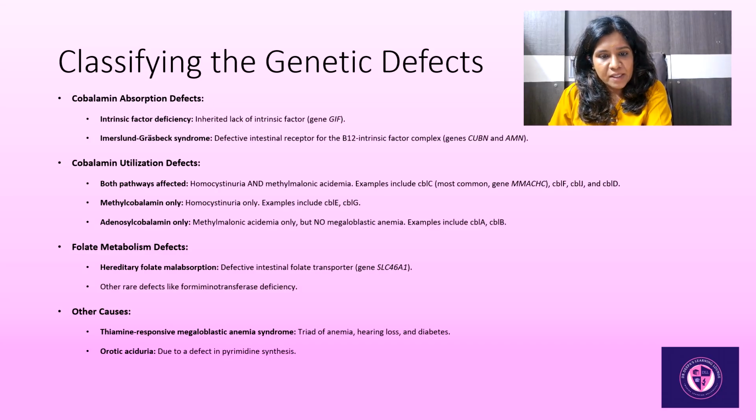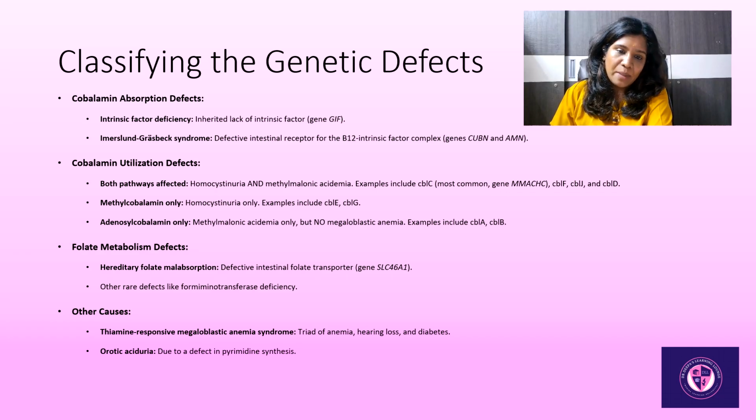These patients present with both homocystinuria and methylmalonic acidemia. cblC is the most common disorder of intracellular cobalamin metabolism. The other disorders like cblE and cblG only affect the methylcobalamin pathway. So these patients will have homocystinuria, and adenosylcobalamin synthesis is normal.